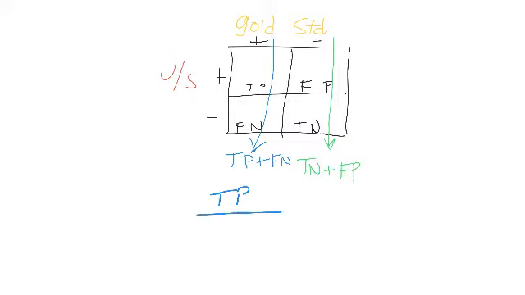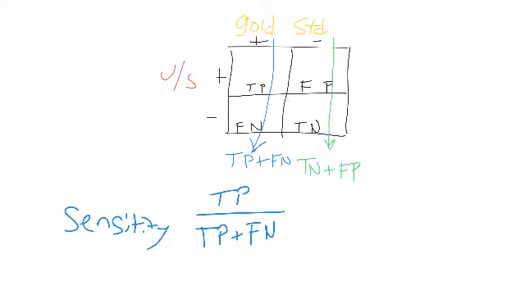This blue column that I have here is my sensitivity column. And it is the true positive over the true positive plus the false negative. And then you multiply that by 100% to get it in a percentage.